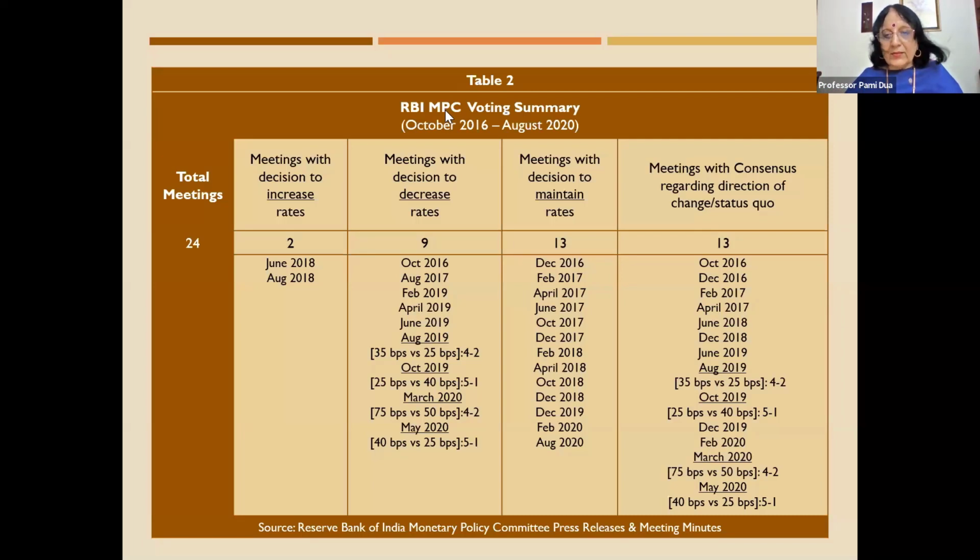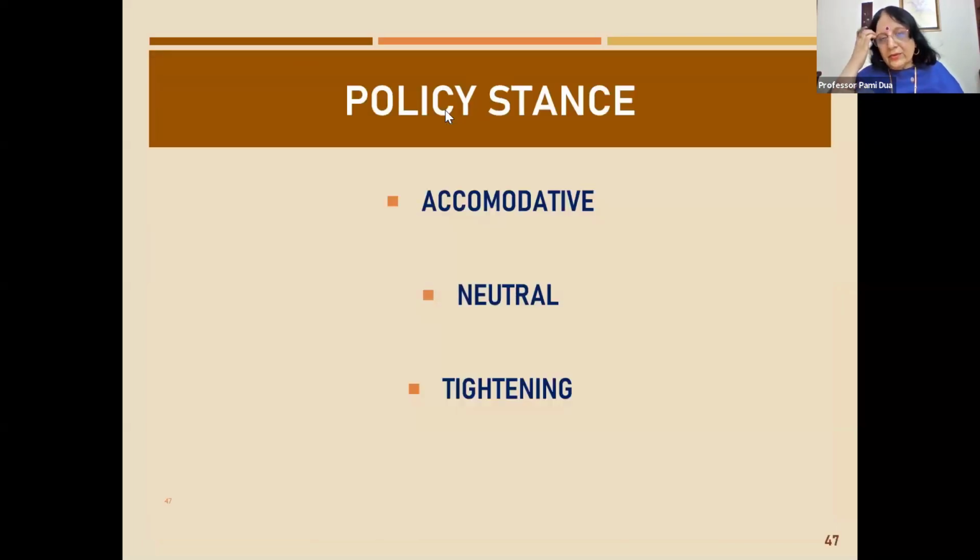Then at the same time, what we had to do was we had to also give the stance of monetary policy. So we had to give, is my stance accommodative? Is my stance neutral? Is it tightening? So if I say my stance is accommodative, I mean that I can keep interest rates constant or I will decrease interest rates. I will not increase it. So neutral means I can keep interest rates constant or I can increase or decrease.